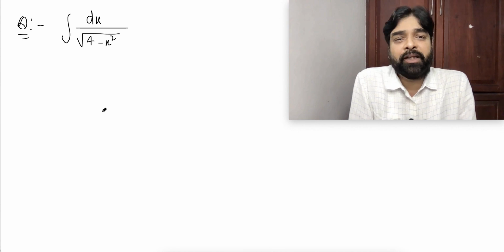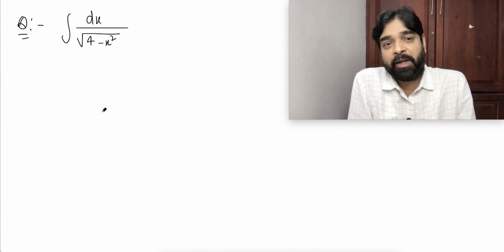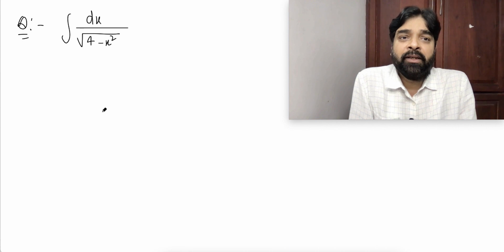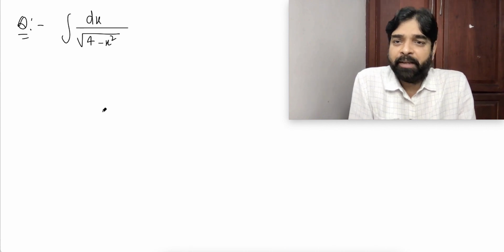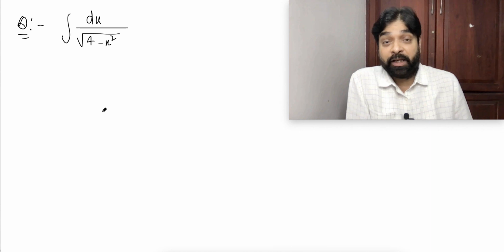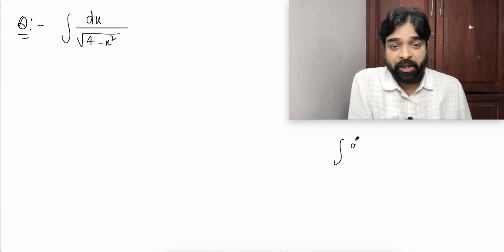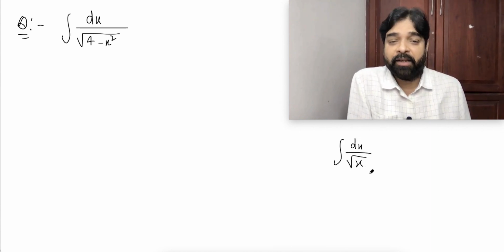So right now assume that we have only the basic formulas: sine, cos, tan, secant x, cosecant x, secant square x, cosec square x, e power x, a power x. That only is there. So how to do this question? I cannot apply the dx by root x formula, because this is not linear.